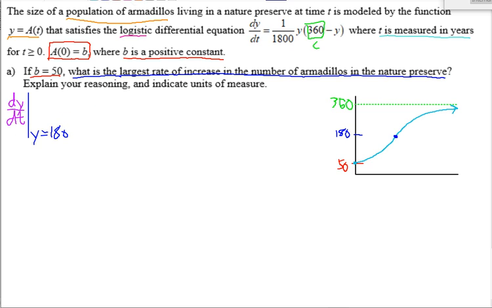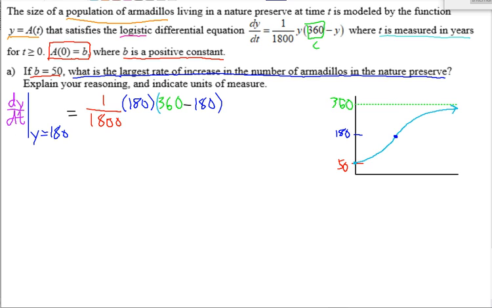So let's substitute that in here, see what we get. So we'd have 1 over 1800 times y, which is 180. And then we've got 360, our carrying capacity, minus y, which again is 180.